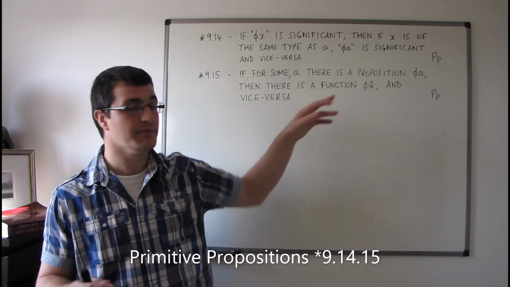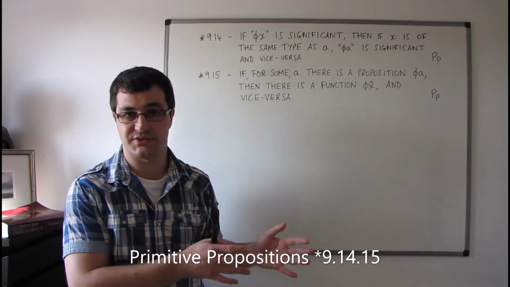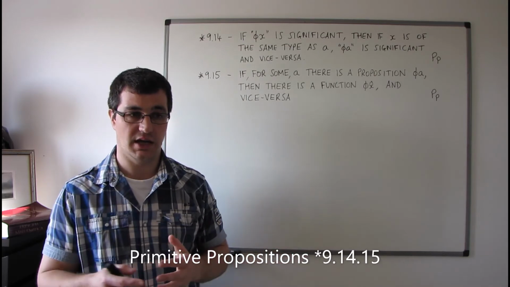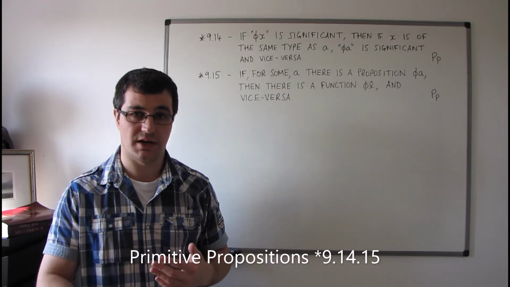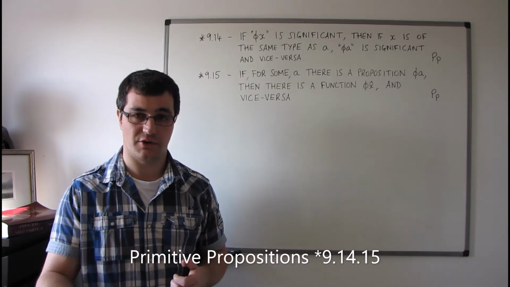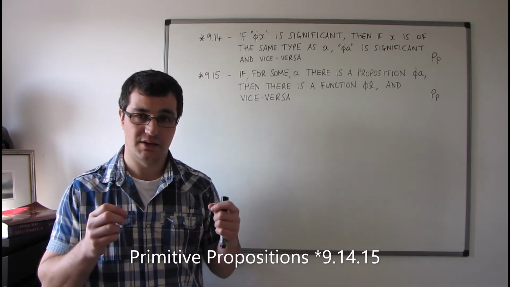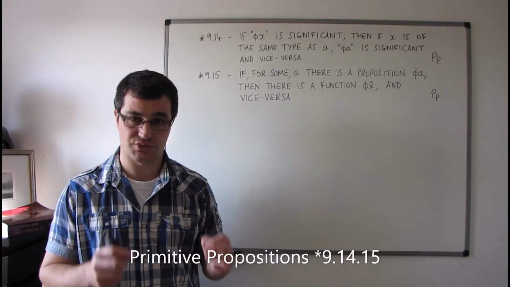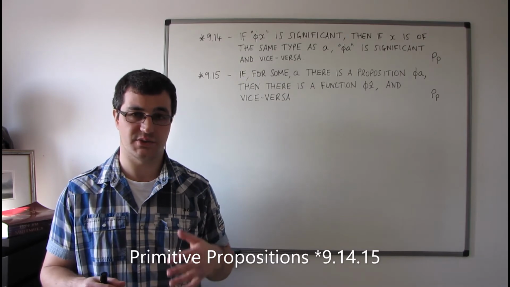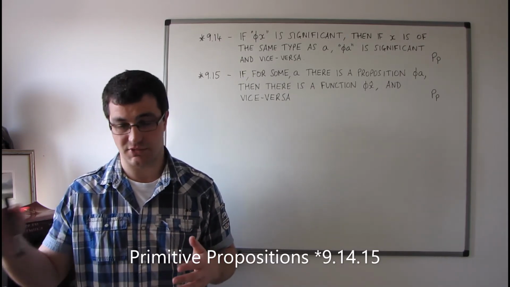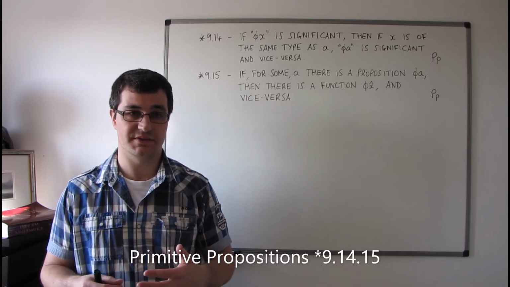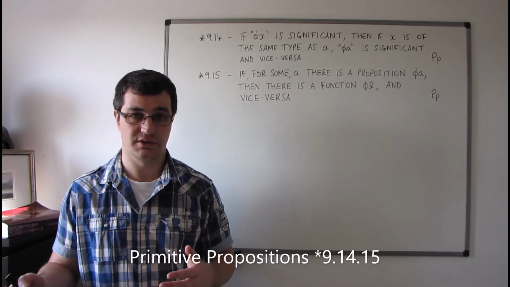And vice versa, we can't have a function that doesn't have a range of significance. Every function must produce at least one significant proposition. And just a reminder, significant doesn't mean true. The difference between significant and meaningless is not the same as the distinction between true and false.